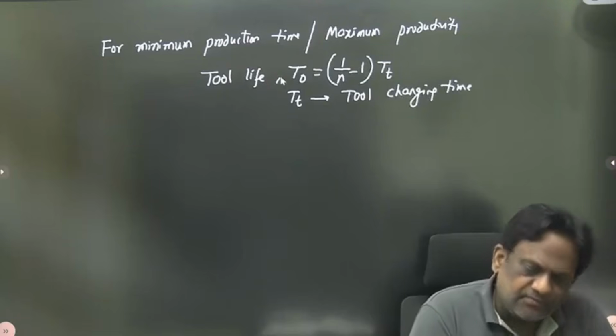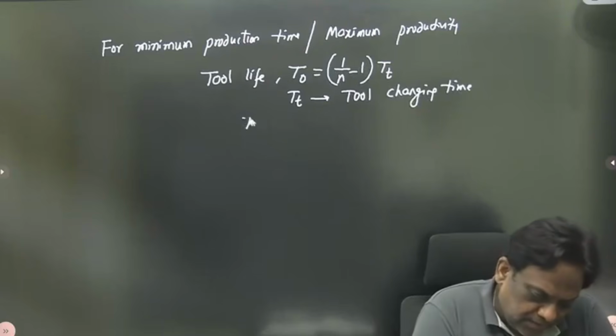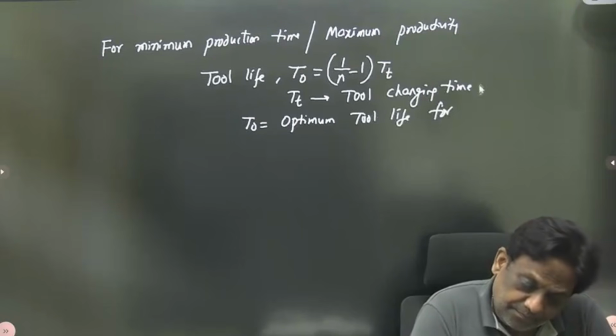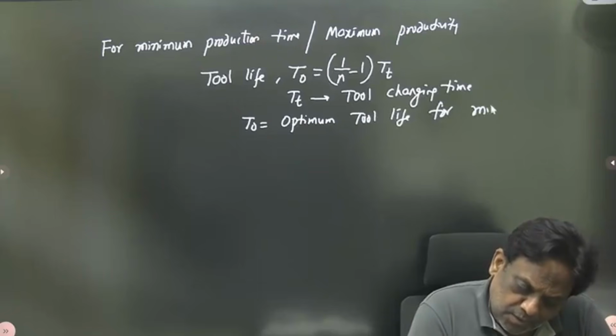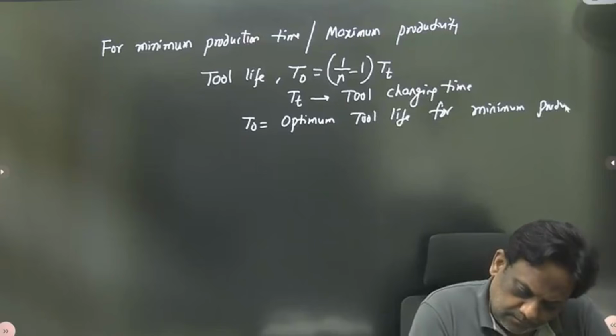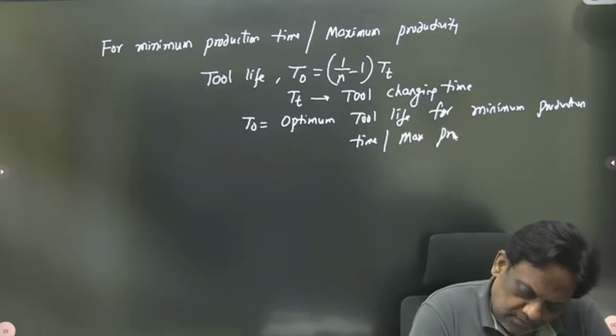If this is in minutes, this will be in minutes, and this we call the optimum tool life for minimum production time, or maximum productivity.